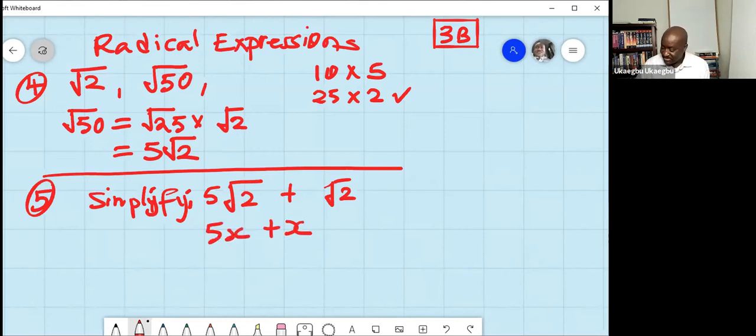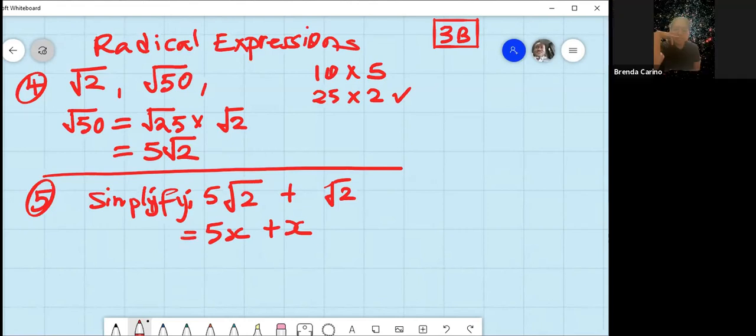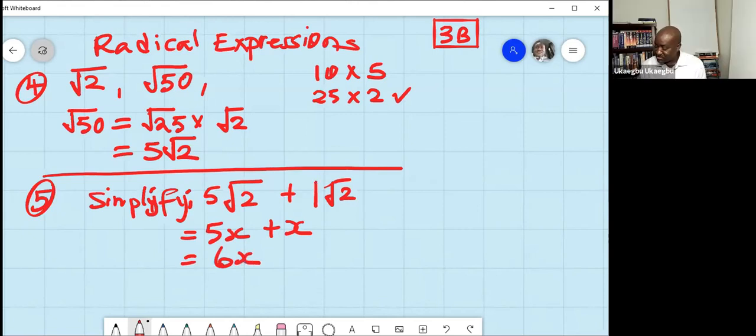So what shall it be? 6x, exactly. The same way you can add radical expressions. 5 plus 1 is 6, so you have 6 square root of 2. That's a radical expression right there.